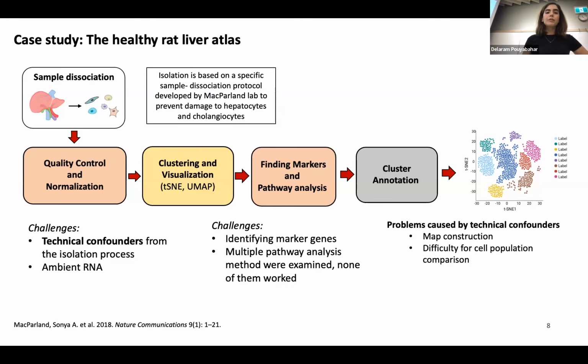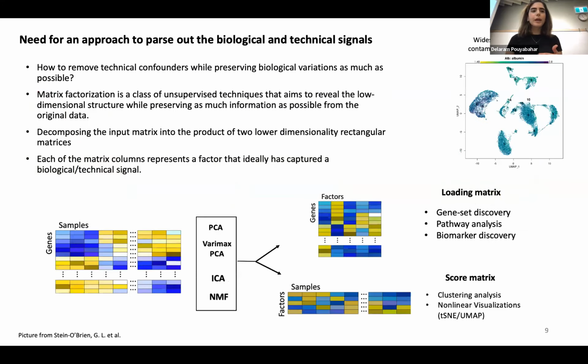And maybe even more importantly, the whole point of this project was to be able to compare the two different strains. But because of this contamination, we couldn't really perform between-strain comparison, because no matter what cell type we would look into, all the top markers would be hepatocyte-related genes. So we had to figure out a way to parse out the biological and technical signals within the data.